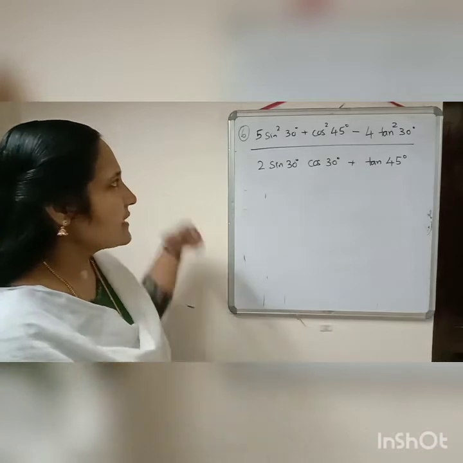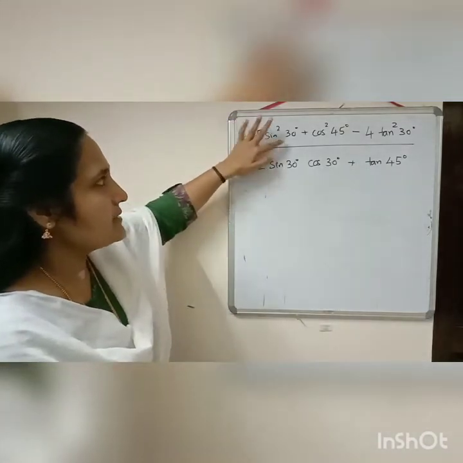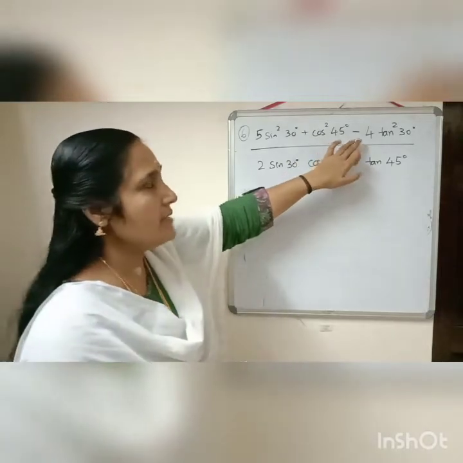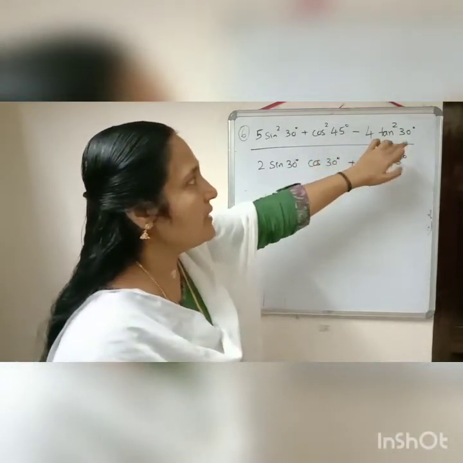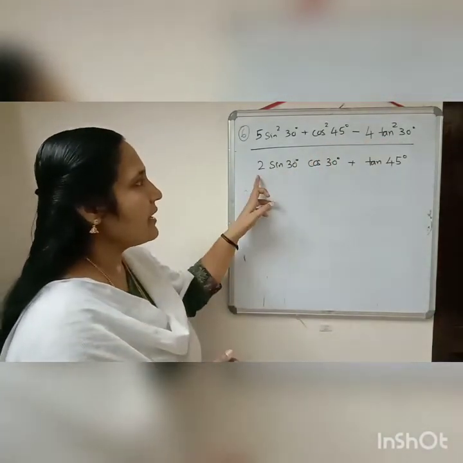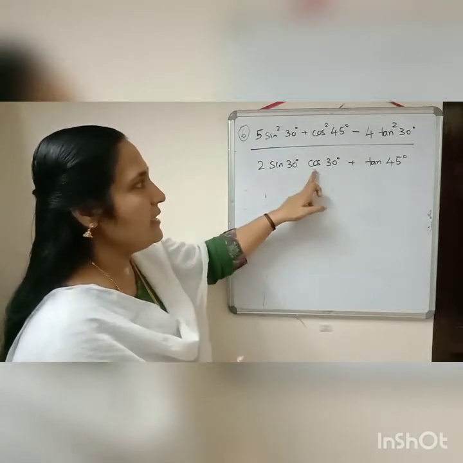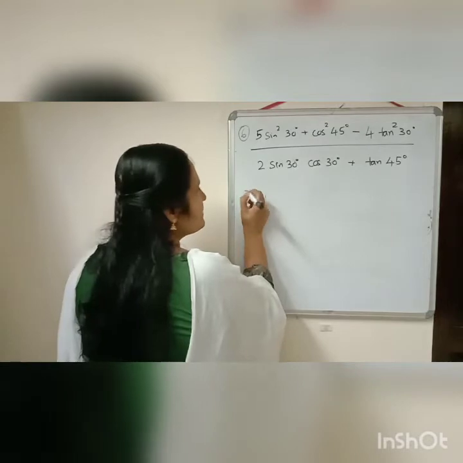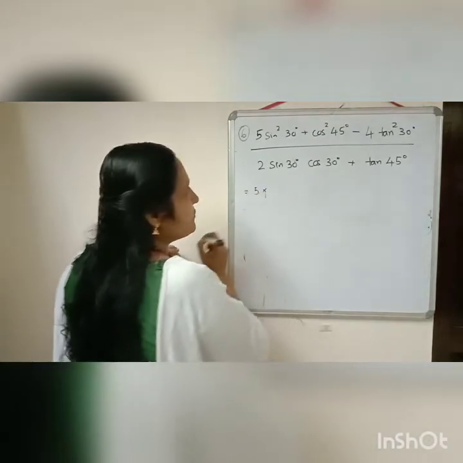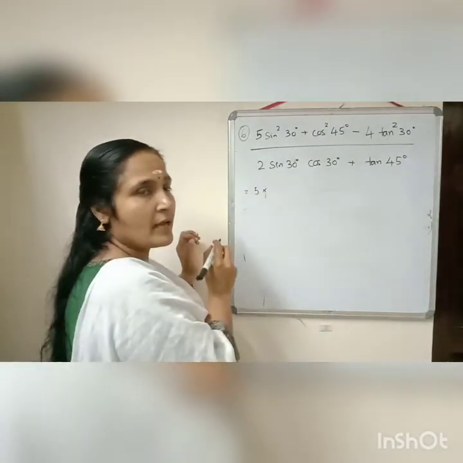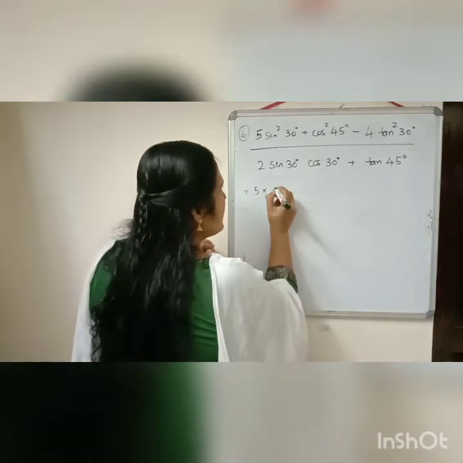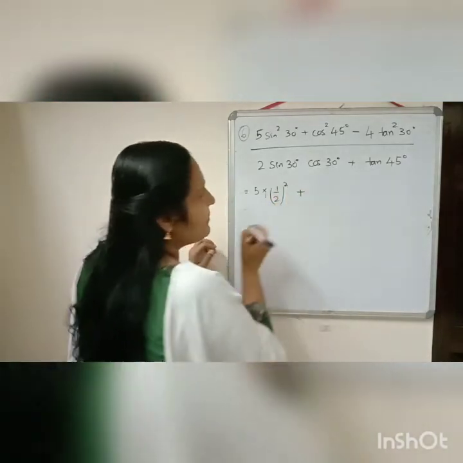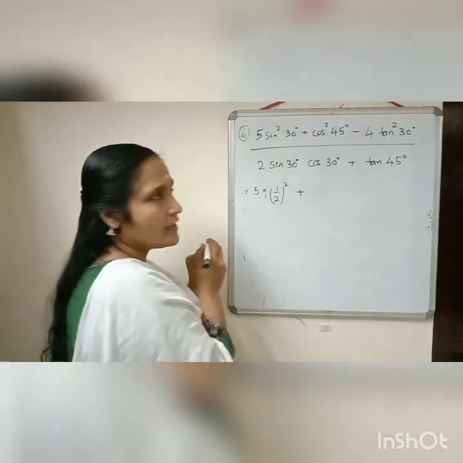All of you, just check the question. 5 into sin square 30 degree plus cos square 45 degree minus 4 tan square 30 degree, the whole divided by 2 sin 30 degree into cos 30 degree plus tan 45 degree. Substitute the values. 5 into, what is sin 30 degree? 1 by 2. So sin square 30 degree means 1 by 2 the whole square, plus cos square 45 degree.